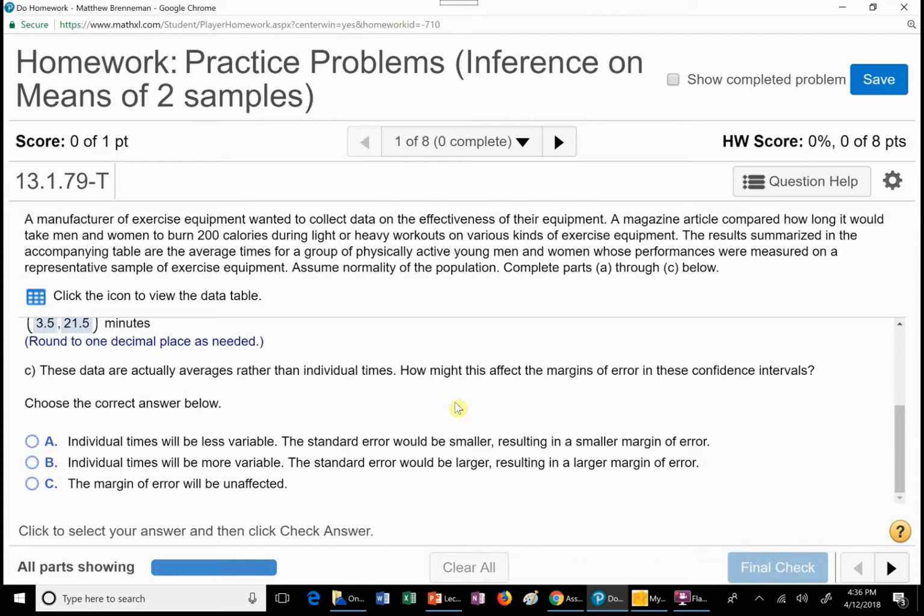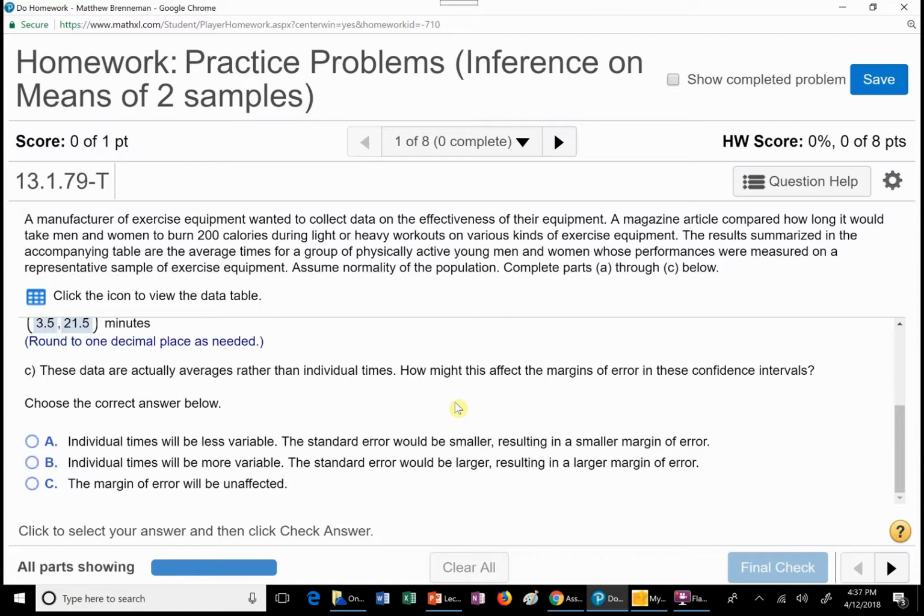So for this one, projected. So in other words, okay, so that was a two-tailed test for that.